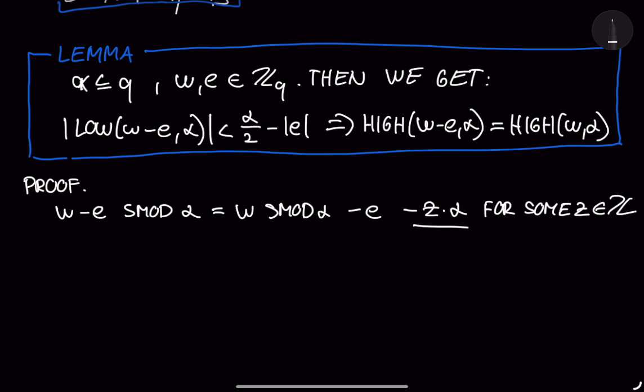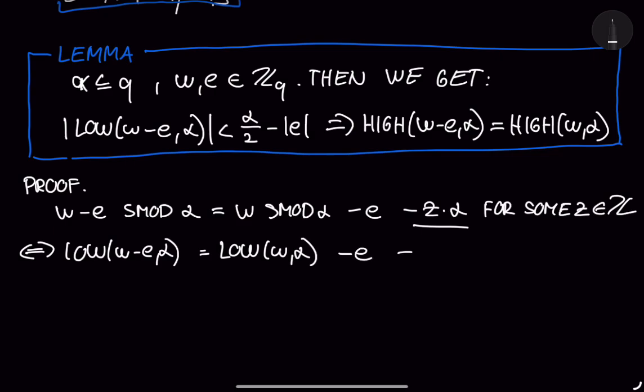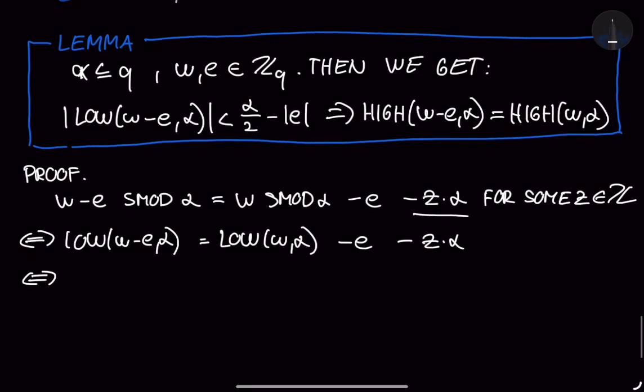Okay, this is equivalent to, as I said, low, just the definition. And this is the definition of W minus E minus z alpha. And we bring it on the other side. We just solve this equation for low W.